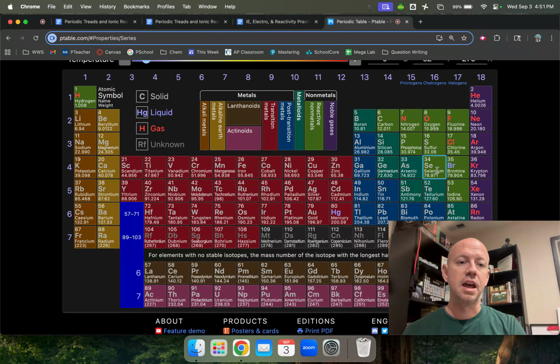So once again, far to the right is a high Zeff, high valence electrons, high attraction, which makes our atoms more likely to be small. Close to the bottom is high shielding. Lots of levels, lots of distance, and it makes our atoms very, very large.